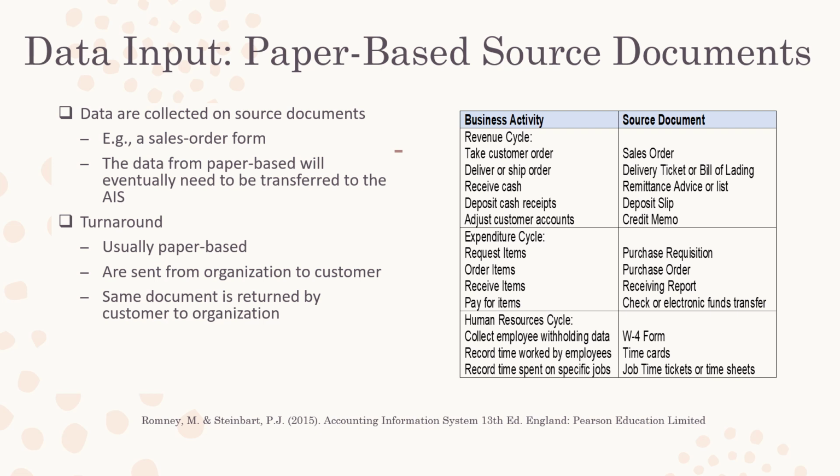For the expenditure cycle, we have the purchase requisition when there is requesting of items, the purchase order for ordering the items, the receiving report in receiving the items, and we have also the check or electronic fund transfer. And for human resource cycle, we have the W4 form, the time cards, and the job time tickets or the time sheets.